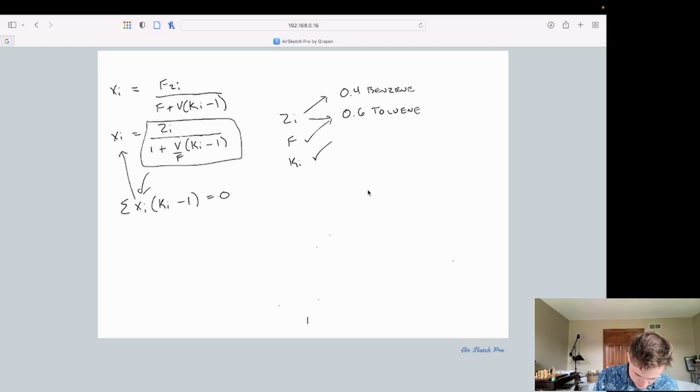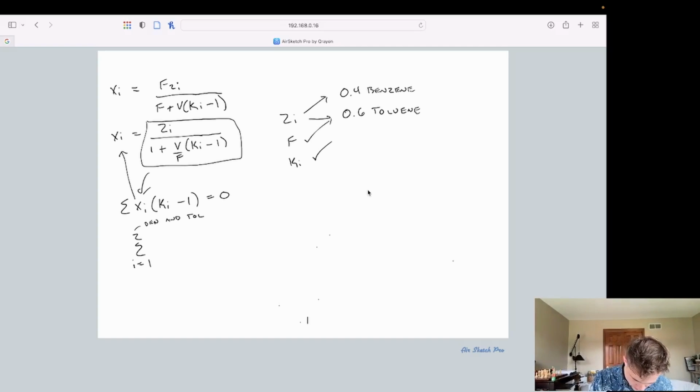So now we can express this from i equaling 1 all the way up to n components. We could have z amount of components we want, 3, 4, 5, 6, whatever, but in this case we're just doing binary, so just benzene and toluene.